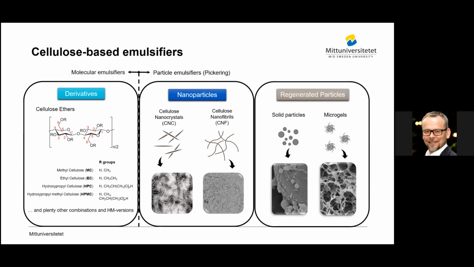And you can of course do regenerated cellulose particles also in the same way as you use more or less nanoparticles that are natural. You can make your homemade solid particles by regenerating dissolved cellulose or making small microgel particles that can contribute to the emulsification process.